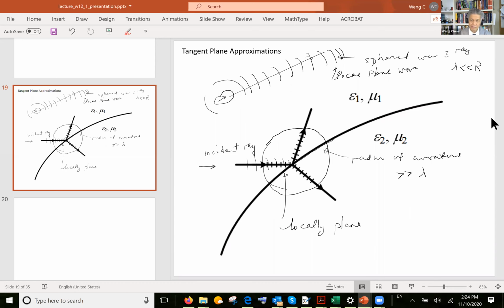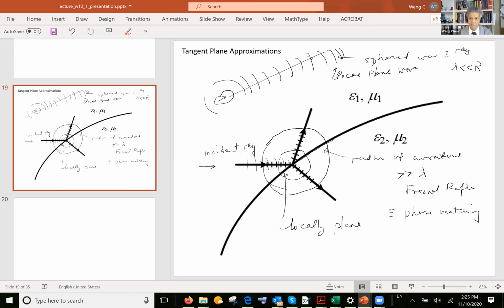And then you can think of the phase matching requirement. If this wave is going to bounce off this surface, because it's locally plane, the kind of physics that happens here is going to be plane wave physics. And plane wave physics is similar to the case of a Fresnel reflection coefficient. Fresnel reflection works because of phase matching.